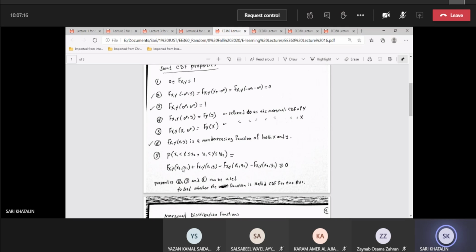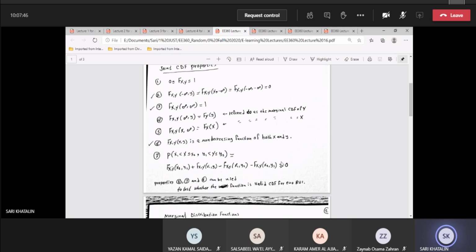This can be written in this form: the joint CDF of x2, y2, plus the joint CDF of x1, y1, then we subtract the joint CDF of x1, y2 and the joint CDF of x2, y1. All of this will be larger than or equal to 0. It cannot be less than 0.